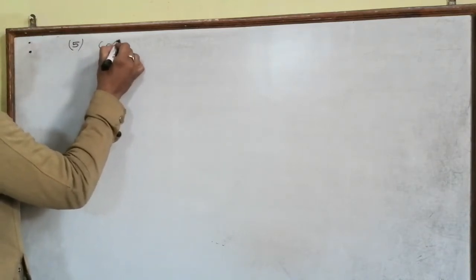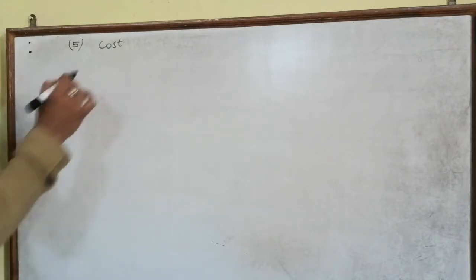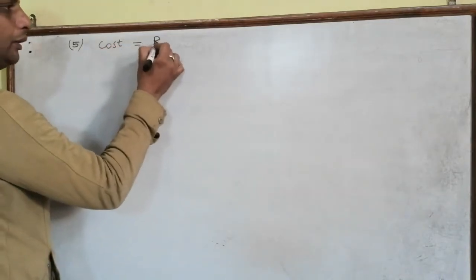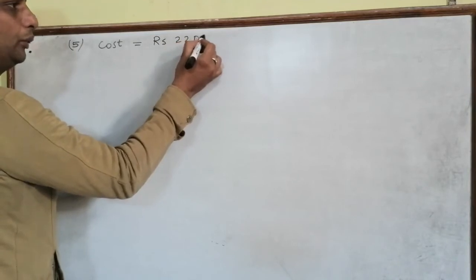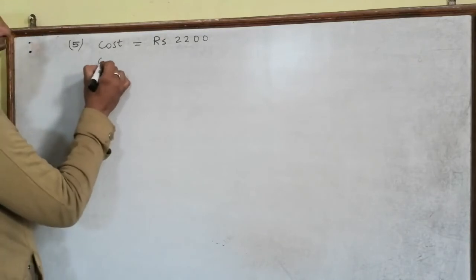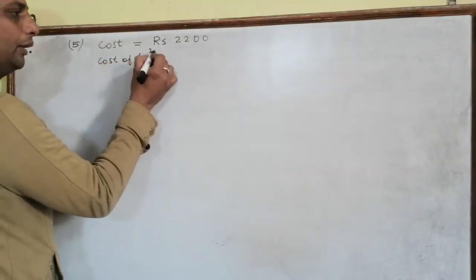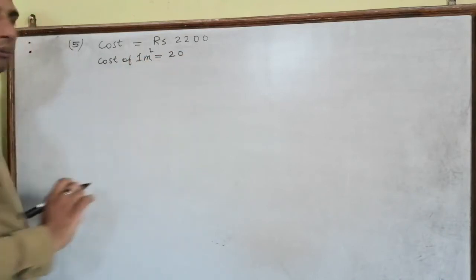The cost is given as rupees 2200, which is the cost of the inner curved surface area, and the cost of 1 meter square is given as 20 rupees.